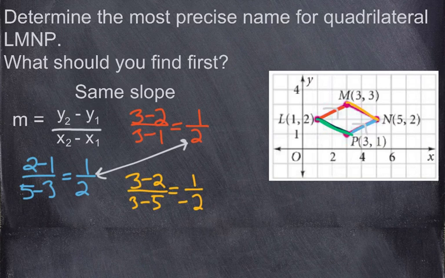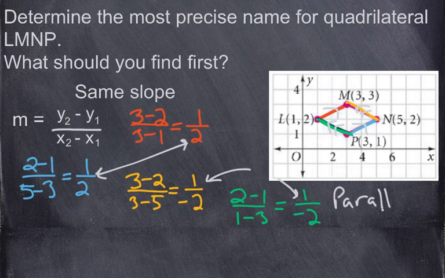So we have y value of L minus y value of P over x value of L minus the x value of P, which is 1 over negative 2. So again, notice these end up the exact same. So therefore, those two sides are parallel to each other. So we know for sure right now that it's a parallelogram. We can determine right now that we're dealing with at least a parallelogram.